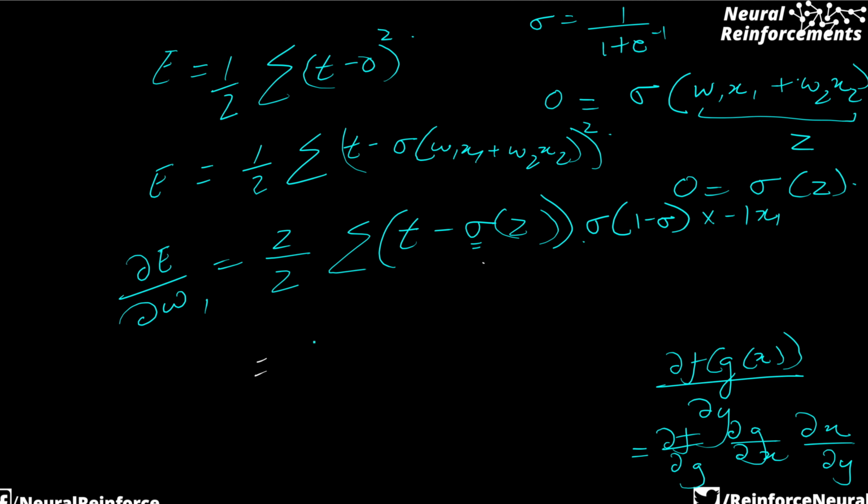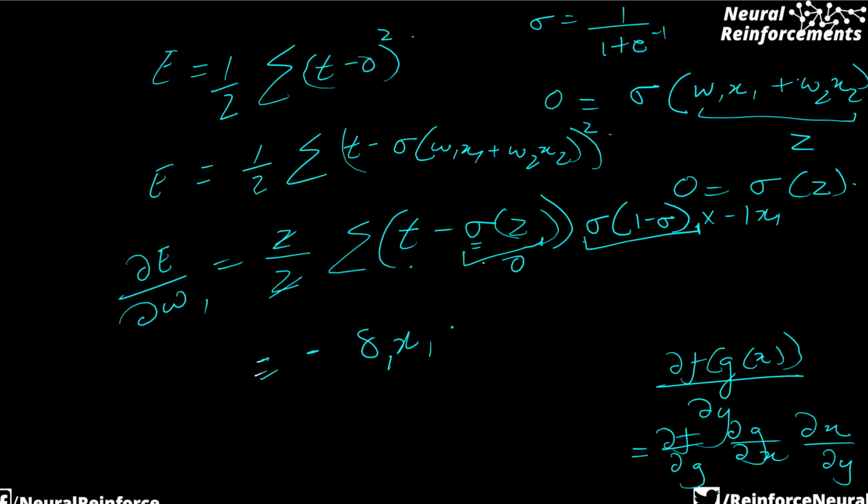From the earlier discussion, this gets cancelled out, and this is our delta, because in this case this is the output, t minus output is what we are calling delta. The minus comes outside, so minus times this is delta times x1 into the differential of the activation function.